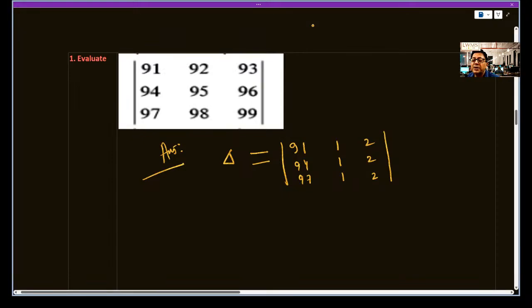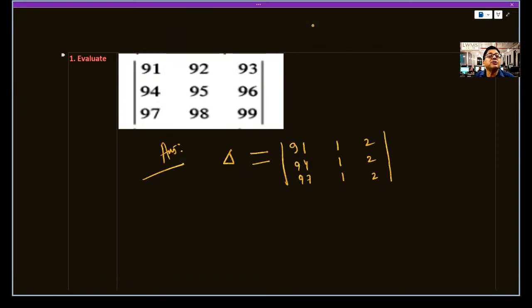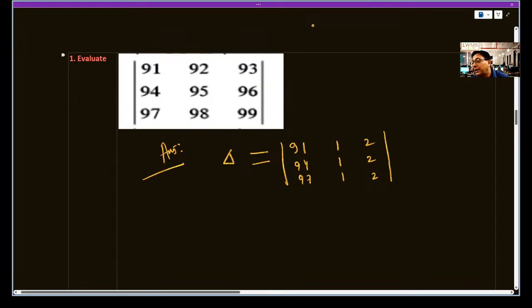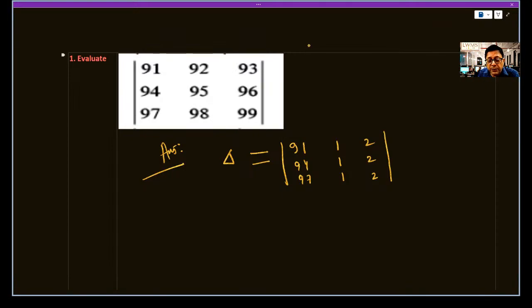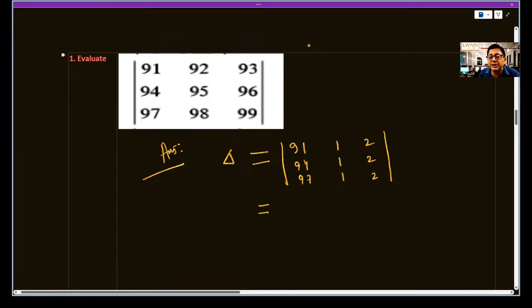So do you think two columns are identical? No. One is a scalar multiple of the other. In that case also the value will be 0. We can modify the property. We said that if two rows are identical or two columns are identical, the value is 0. Now I am saying that if the elements of a row or column are a constant multiple of the other, then also the value is equal to 0. If you don't want to accept this, take two common outside.